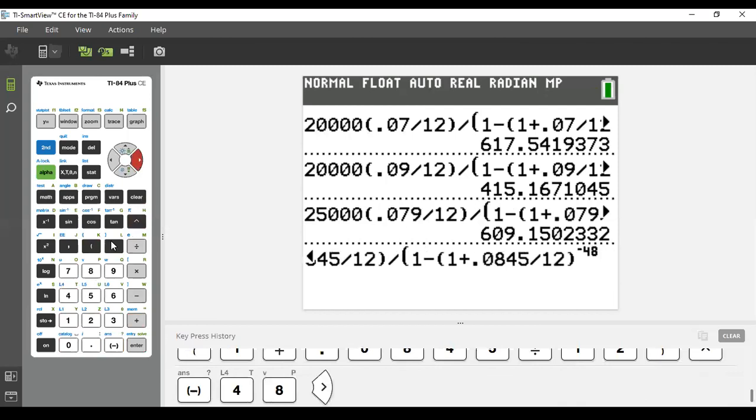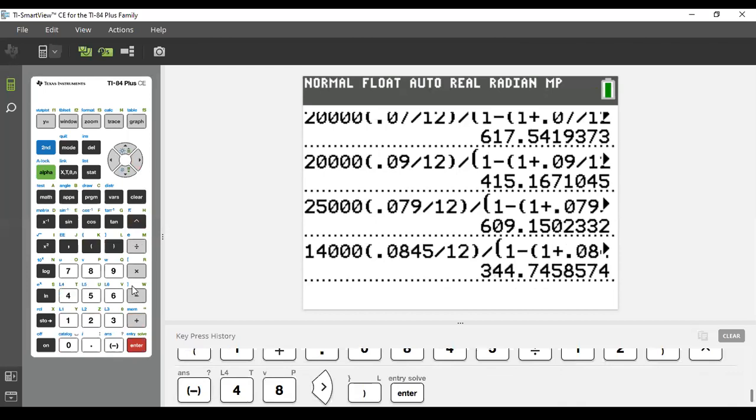Go down, close it, and 344.75, so we'll round up to 345. All right.